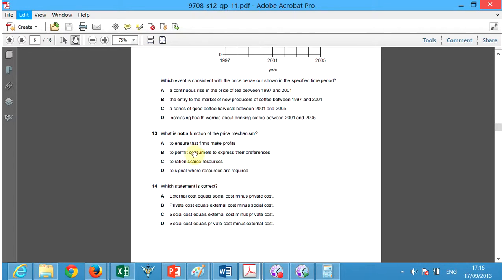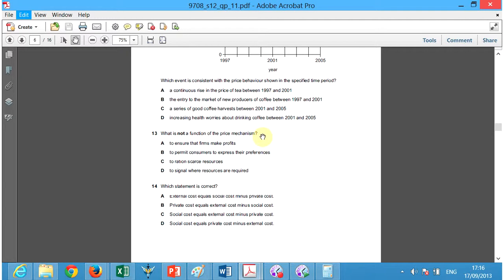The answer here is A, to ensure that firms make profit. This is pretty obvious, because what is a function of the price mechanism? The price mechanism is the mechanism that allows the market to determine what prices and quantity are. It is the very definition of how prices are made.